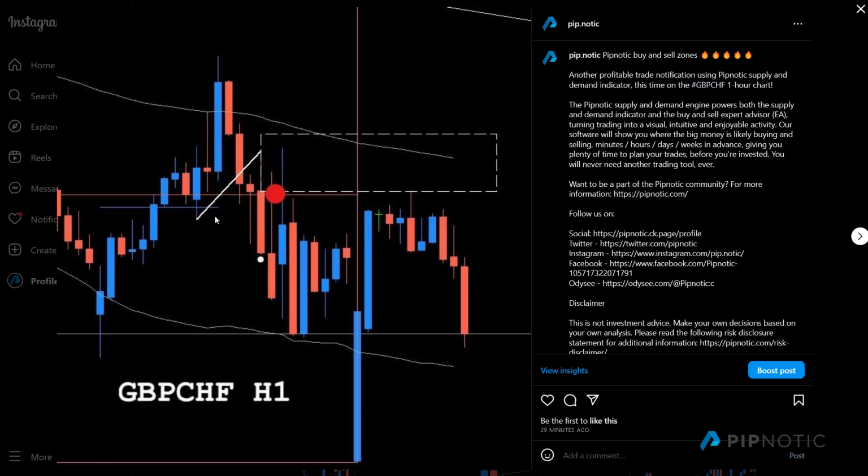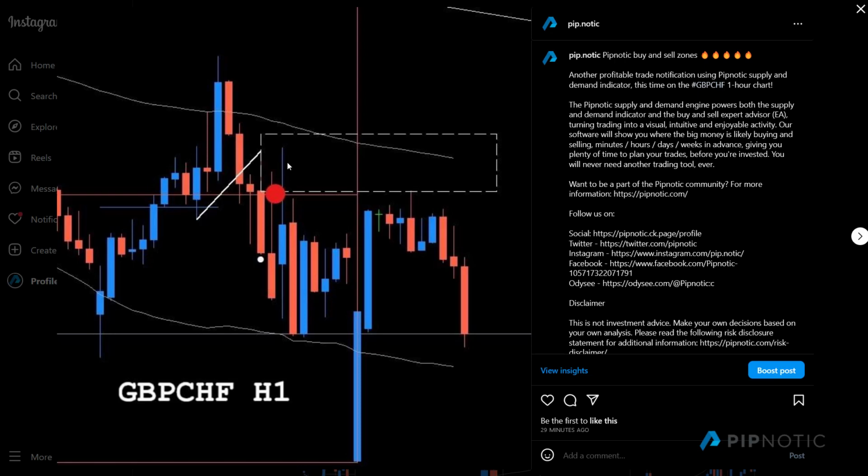So if you look at this particular pattern right here, you have the zone. This is the area of supply. For those of you who are not aware of what it's doing, the software is looking for liquidity distribution patterns in time series data, and it is looking for a very specific pattern that it's quite good at identifying and recognizing.